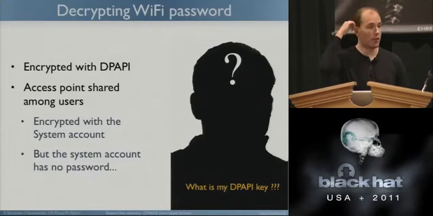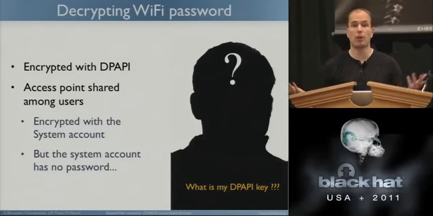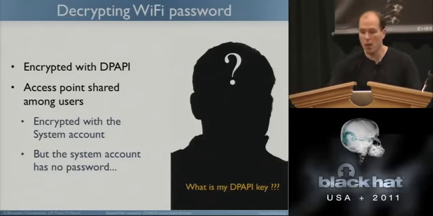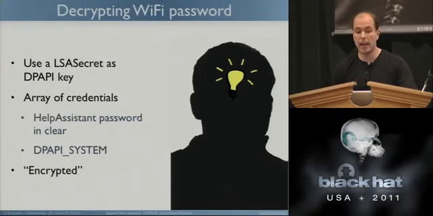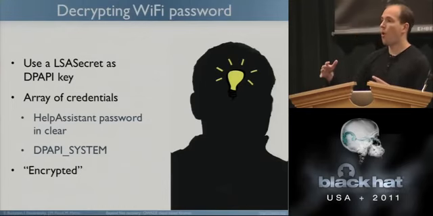So now you can ask yourself, well, how does that work? Well, it's not encrypted with your key, it's encrypted with the system key. But the system account has no password. And as I said, we need the SHA-1 of the password to actually decrypt the DPAPI. So now you're wondering, what is my DPAPI key exactly? And you scratch your head, and it turns out that it's an LSA secret. LSA is, again, another container which is encrypted with the syskey.